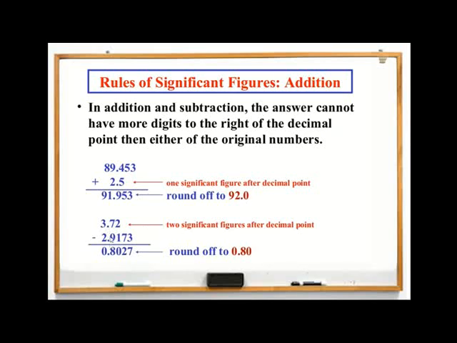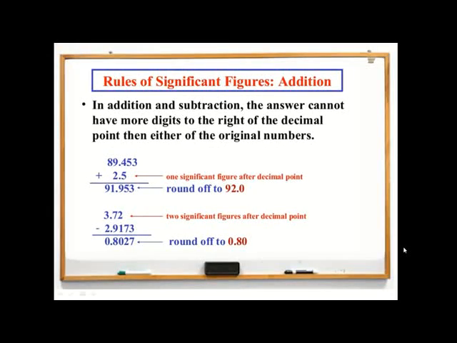Similarly, for subtraction of numbers, 3.72 minus 2.9173, subtraction of two numbers. Here 3.72 has two digits after the decimal point, and it is subtracted by 2.9173.